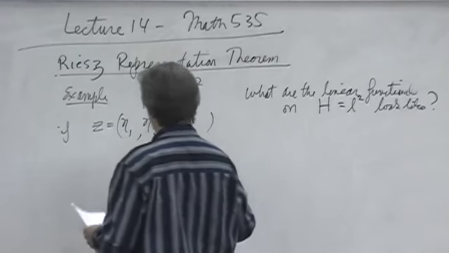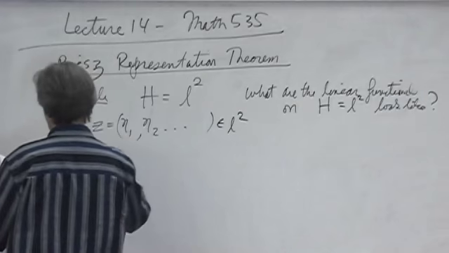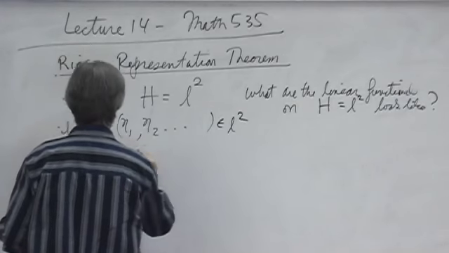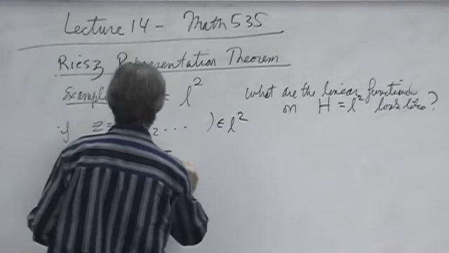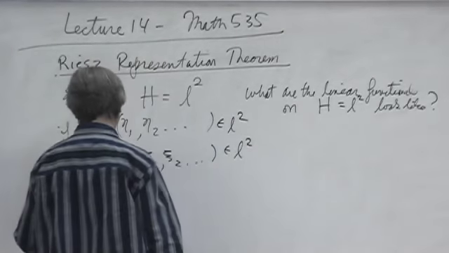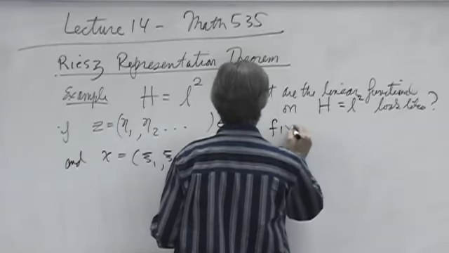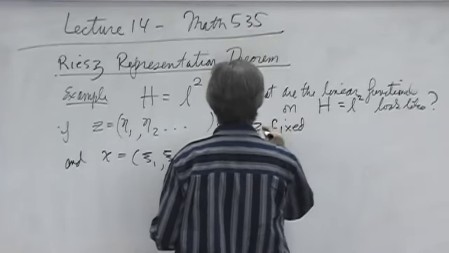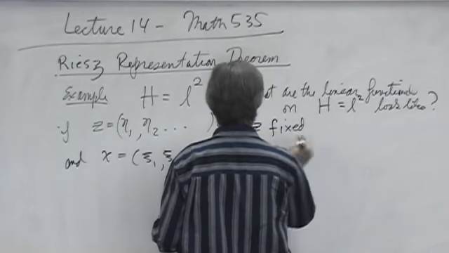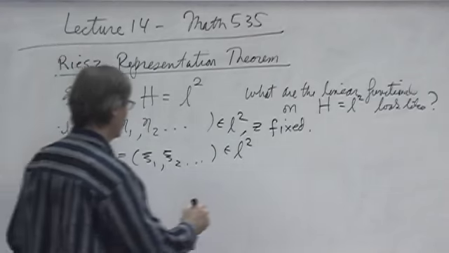If Z equals a1, a2, ... is in this little L2, and X equals c1, c2, ... is also in little L2. Now let's fix Z. Z fixed, and then X is variable.